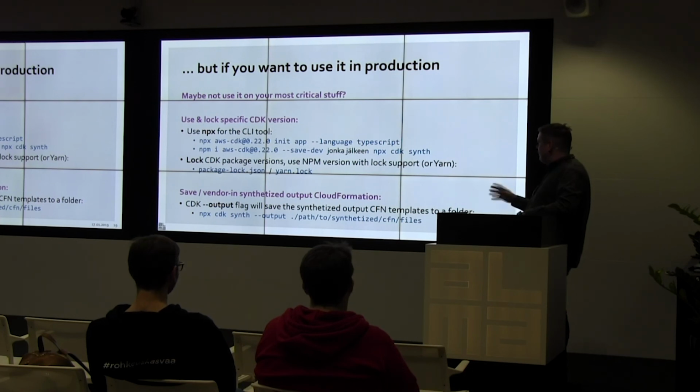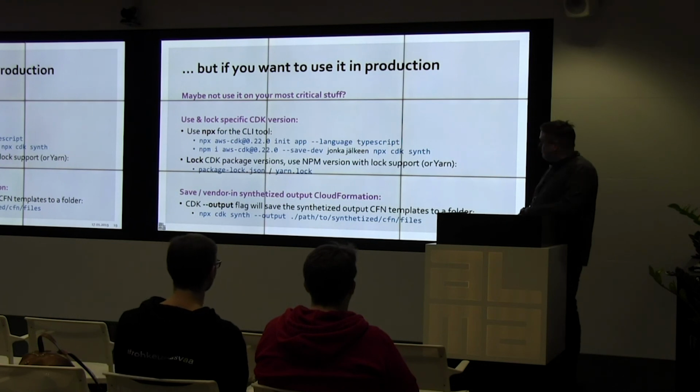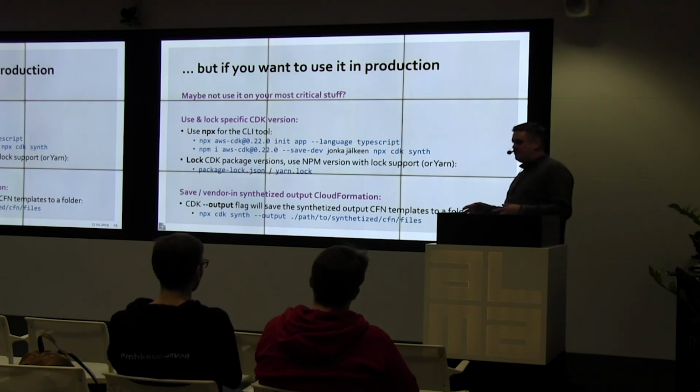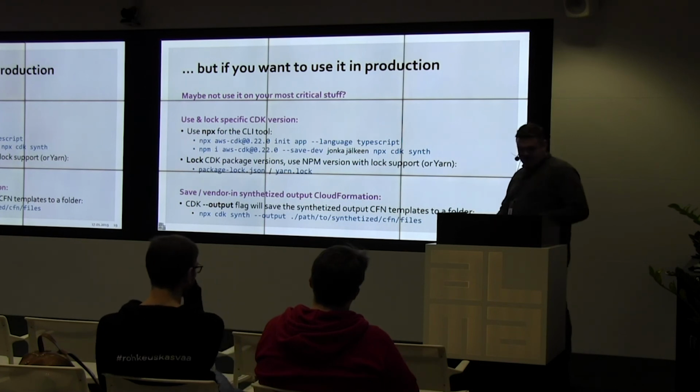So you don't have a global dependency, you can just say npx and the version. Then use exact versions, like package-lock.json and yarn.lock in the npm world. I guess for Maven and NuGet there are probably similar tools, but use exact versioning so you don't get the situation where some CDK library updates and then everything breaks.